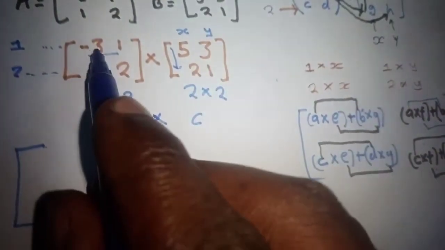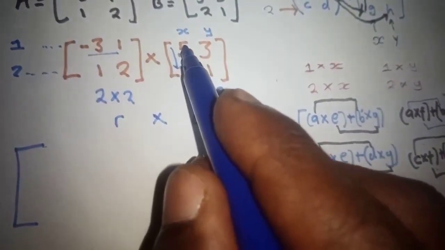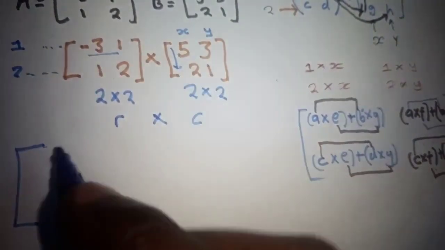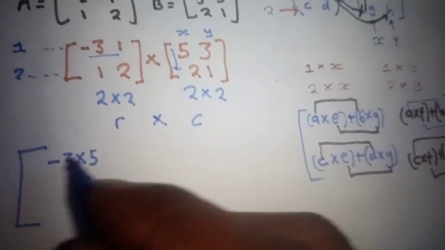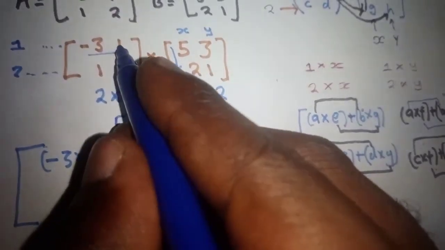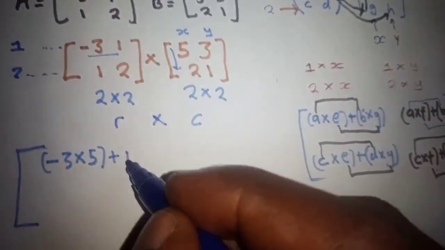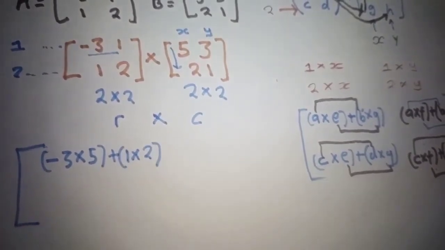So the first element here multiplies with the element on top in the column. So this is going to be negative 3 times what? Times 5. You put this in brackets, say plus, you go to 1 multiplies with the 1 down. 1 times what? Times 2. Again here you can always check.